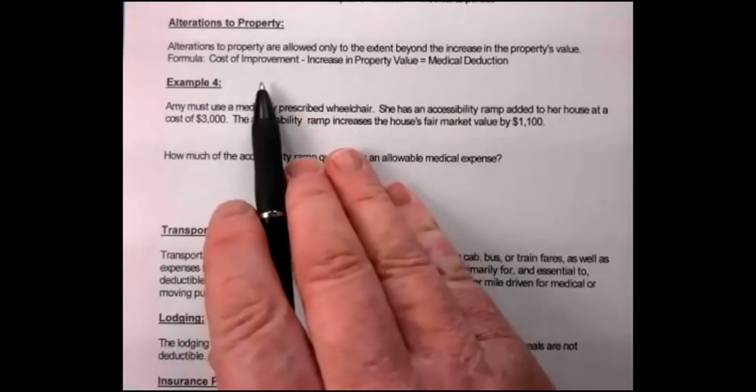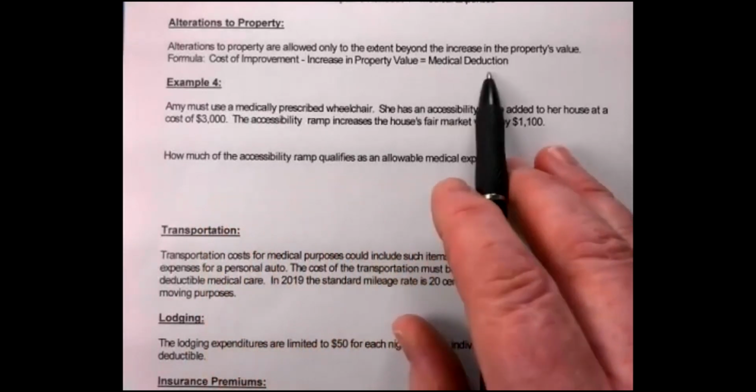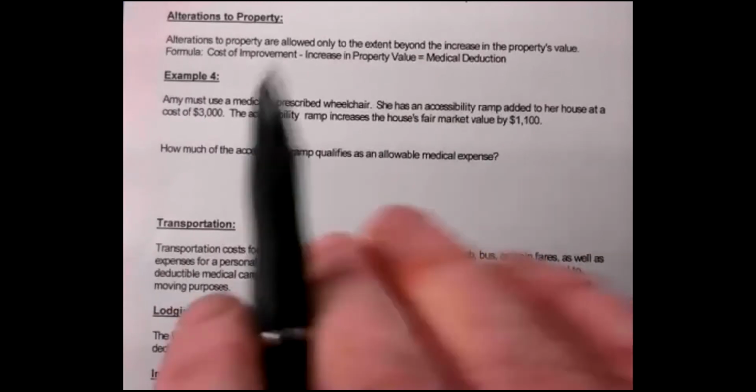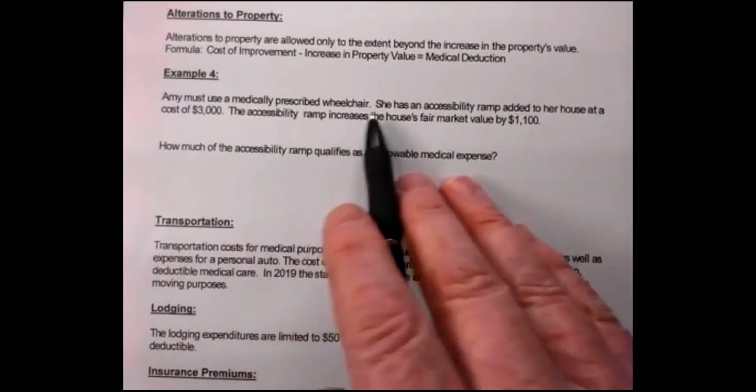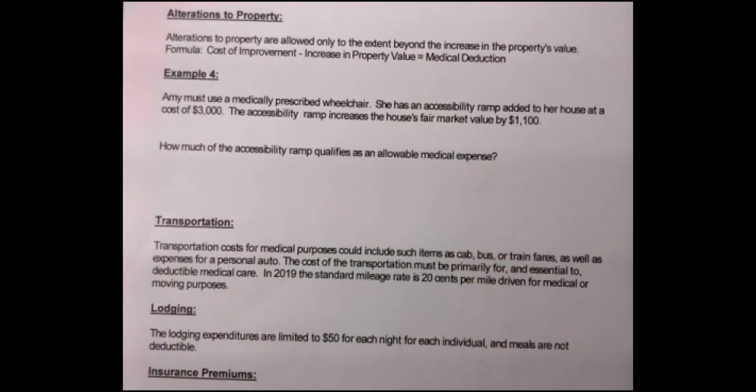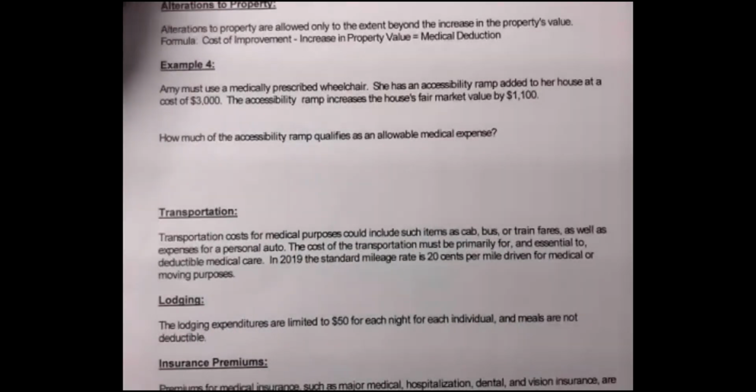So for instance, the cost of the improvement minus the increase in the property value is the medical deduction. All right, so kind of seeing how this is. Amy must use a medically prescribed wheelchair. She has an accessibility ramp added to her house. It costs $3,000. The accessibility ramp raises the house market value by $1,100. How much of the ramp is an allowable medical expense?